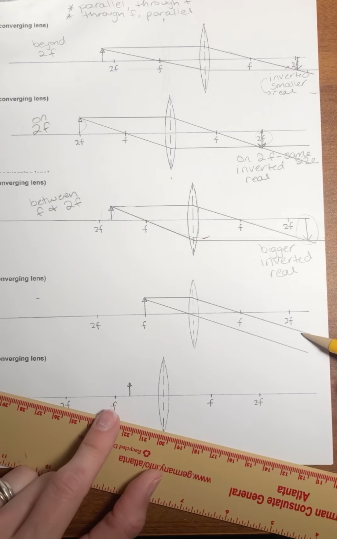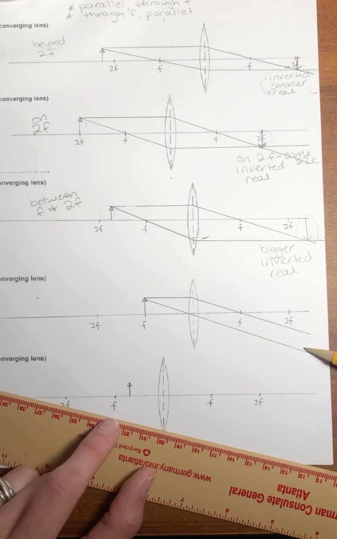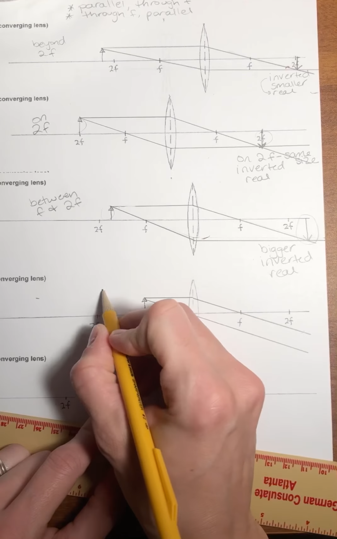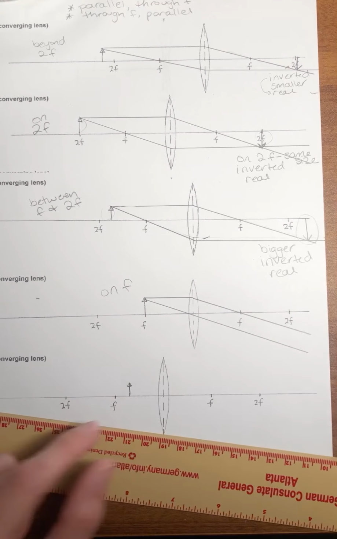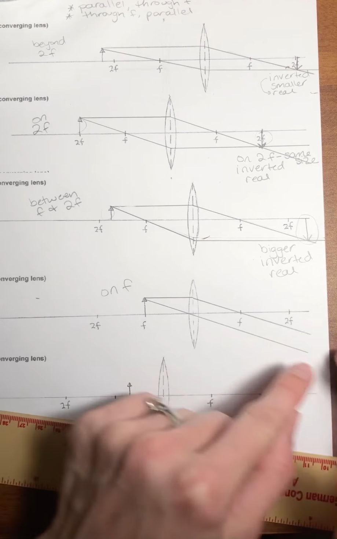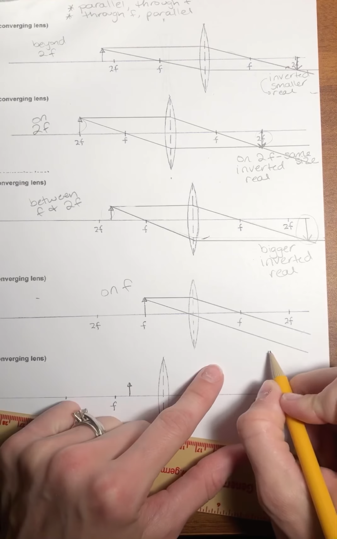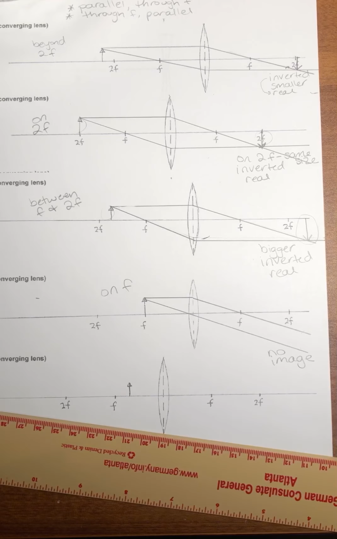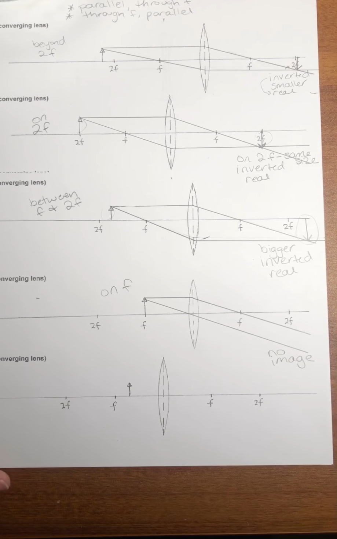And do you see how these two lines are parallel? Well, when that happens, when the object is on F, this is when there is actually no image. The light rays do not converge at all, so there's no image. Okay, so there's that one.